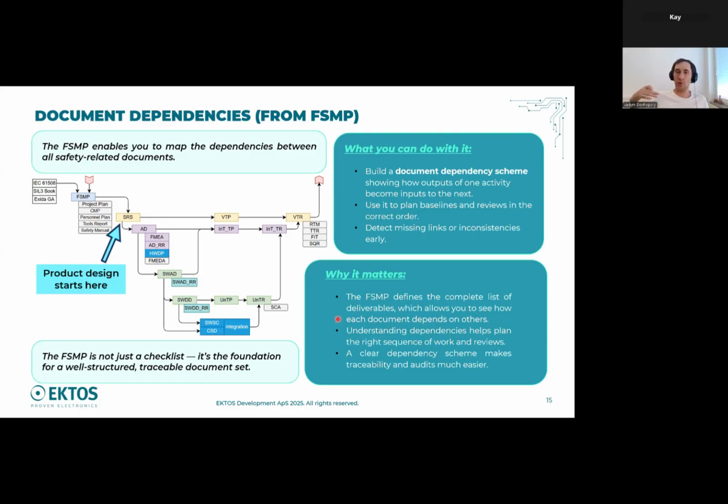So if you have a list of documents and look into your functional safety management plan, at what is input and what is output for each activity, we can create a map for your documents. Here we have the functional safety management plan, and inputs can be some external ones, like a risk assessment if you have this.